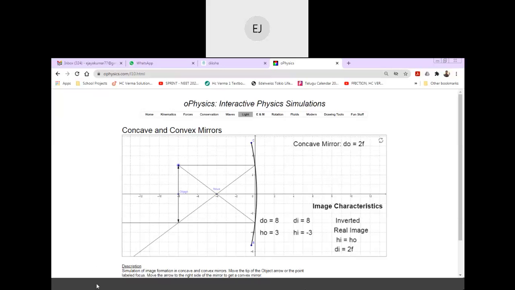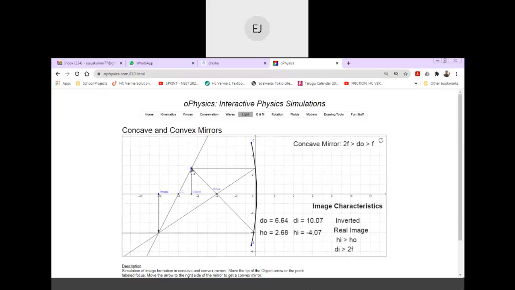Now the next experiment, where the object you are keeping is in between the center of curvature and focus. The first experiment that we have done is the object beyond the center of curvature, the next experiment the object is at the center of curvature, and in the third experiment the object is in between the center of curvature and focus.